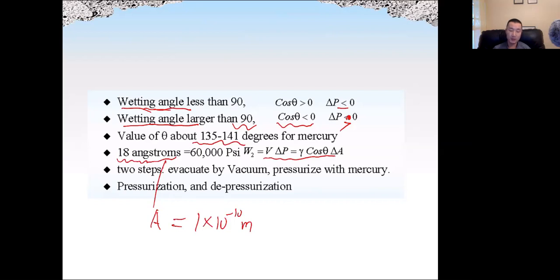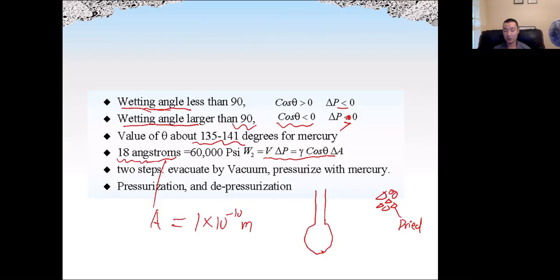To do the experiment, we have 2 steps. First of all, we need to prepare the samples. This is the glass container. The samples need to be dried out first, typically overnight, to make sure all the pores are empty.